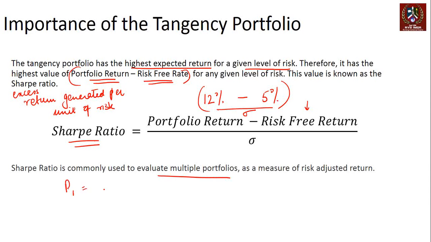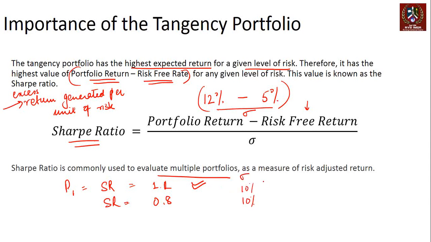Now, this is a very common method that is used to evaluate multiple portfolios. If you have portfolio 1 that has a Sharpe ratio of 1.1 and another one that has a Sharpe ratio of 0.8, you would prefer portfolio 1 because this is generating a bigger excess return per unit of risk, right? So how does it work? Let's say sigma of both the portfolios is 10%.